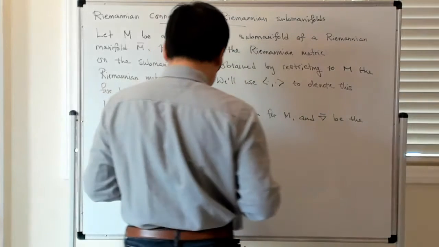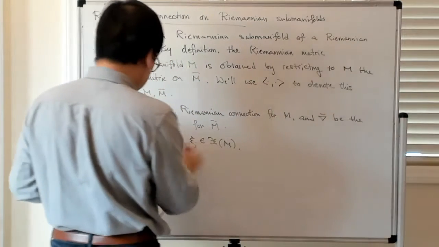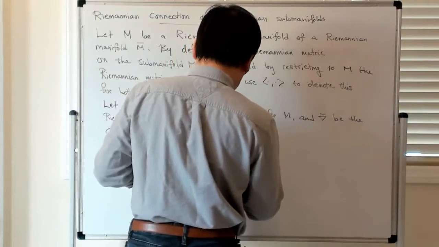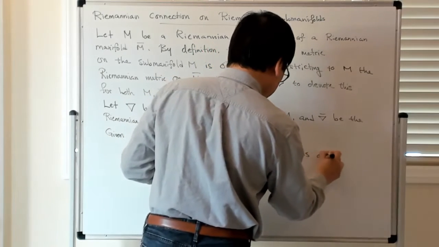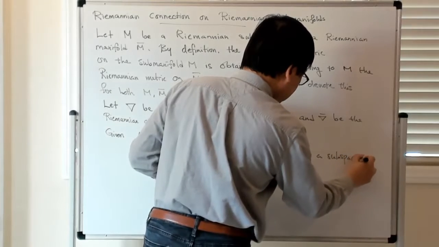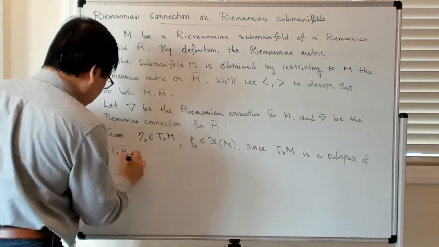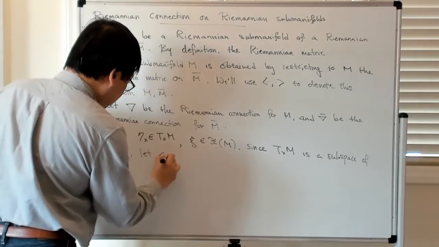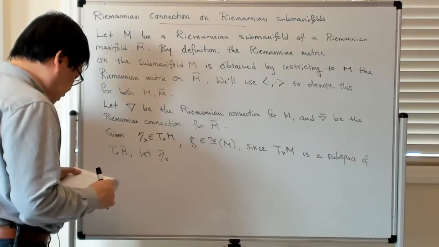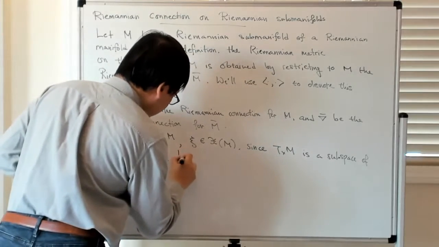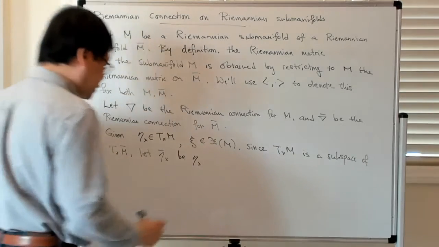Okay, so given this, since T_x M is a subspace of T_x M bar, you let this eta bar be this eta viewed as an element of this larger space.